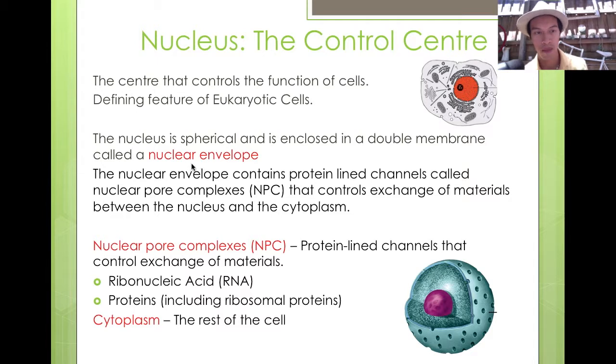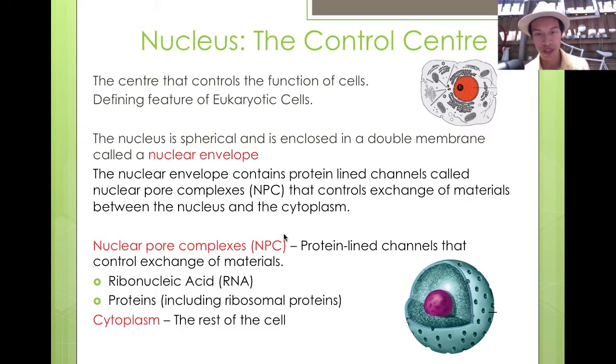What the nuclear envelope contains is these protein-lined channels called nuclear pore complexes, the NPCs, right? And so the NPCs are these holes which separate the nucleus from the rest of the cell, okay? And it's what controls the exchange of materials between the nucleus and the cytoplasm, which is the rest of the cell.